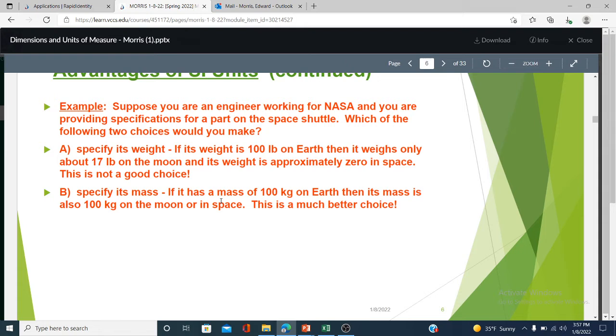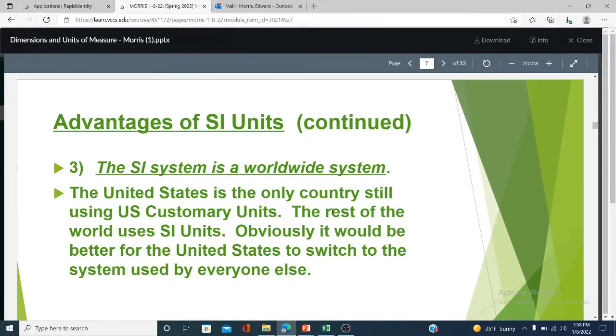And its weight is approximately 0 in space. So that's not a good choice. However, if you specify its mass, if the mass is 100 kilograms on Earth, then it's also 100 kilograms on the moon. This is a much better choice to use, the mass.